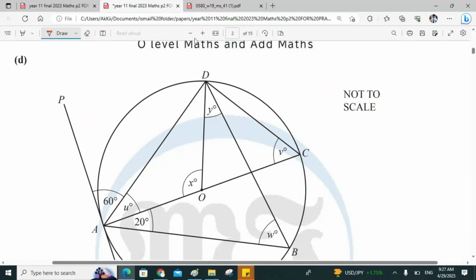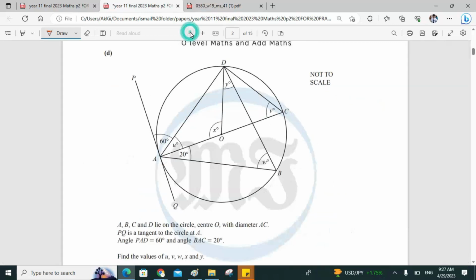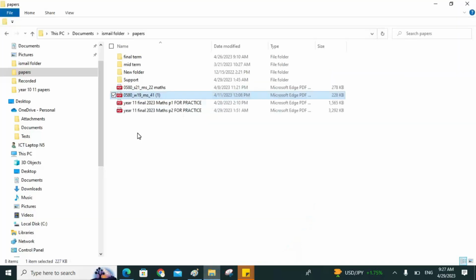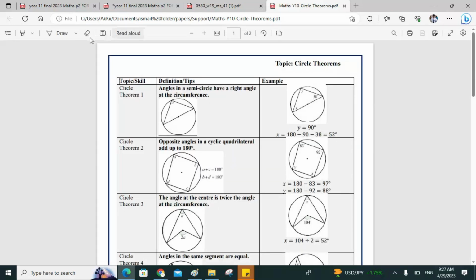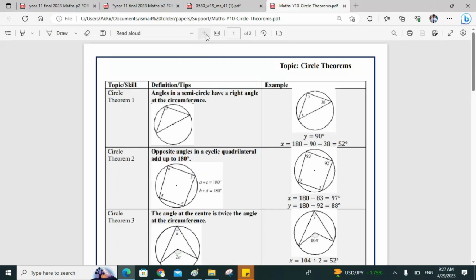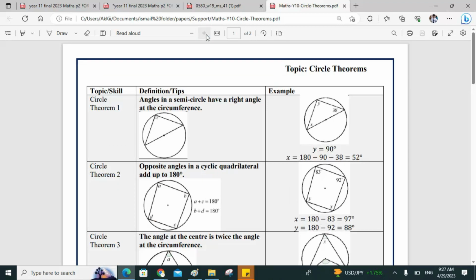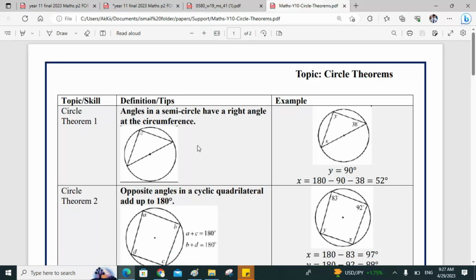Now here is a question which is related to the circle properties. Before digging into this question, let me share something else. I have also made a folder regarding the support. I'm not revising all these properties, because I know it will become a boring session if I start explaining the whole of these facts.